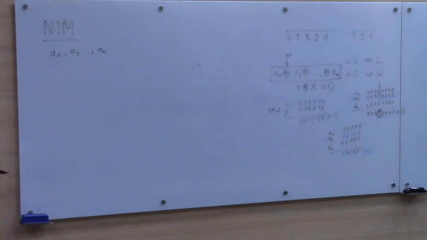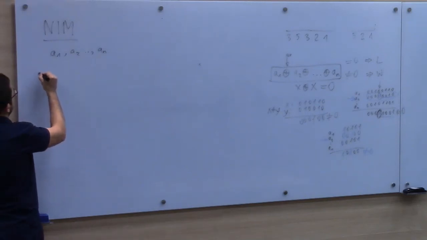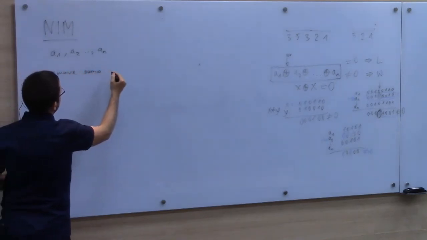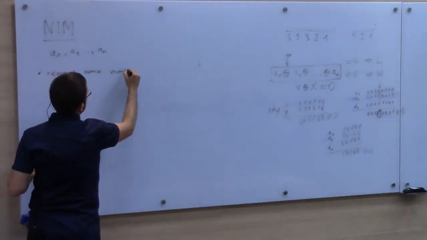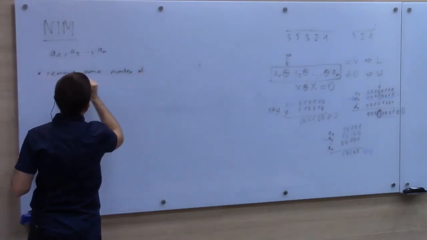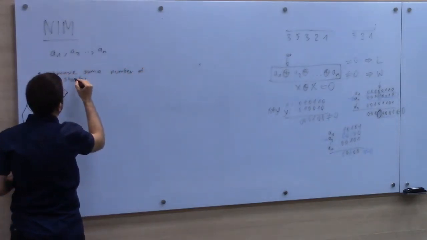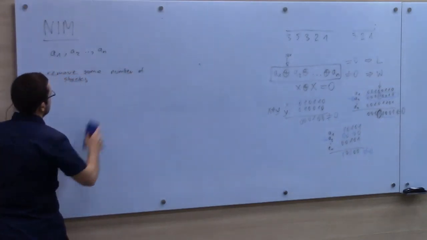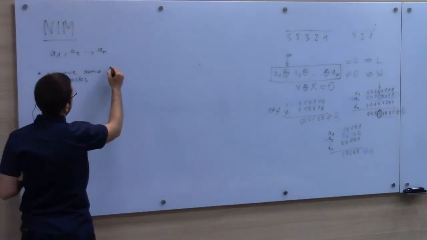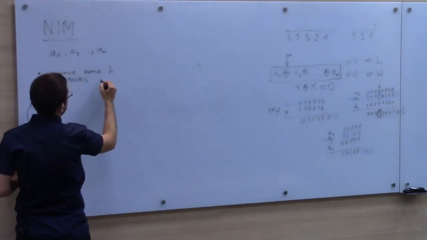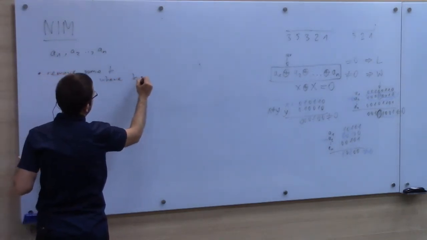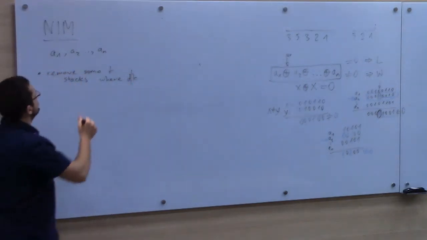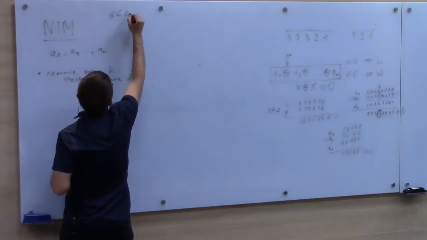So basically, this boils down to this: remove some k stacks where k is divisible by d. And from the constraints, d was not very big, it was like 10.